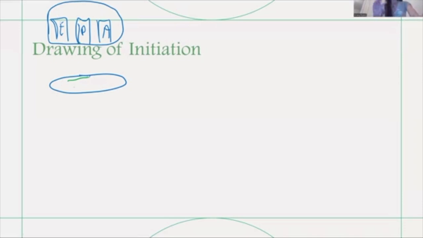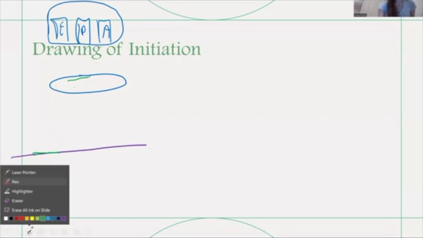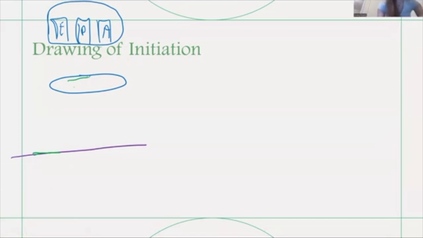So we have our small subunit, and then we have our mRNA that has that Shine-Dalgarno sequence on it. So we also, on our mRNA, I'm going to go ahead and label what the protein coding region would look like.